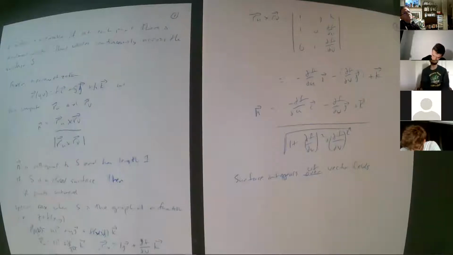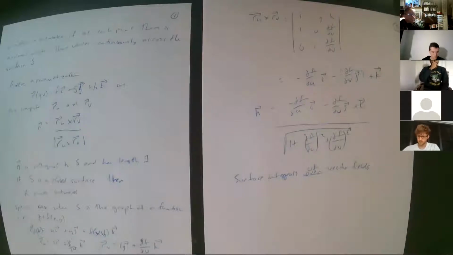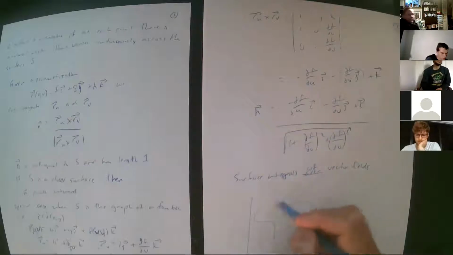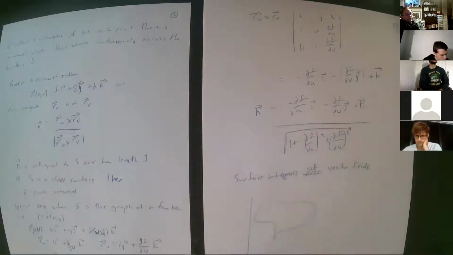So how are we going to do this? We're going to do this in the same way we always do things. We have a surface, some surface in 3-space. And I have some vector field that looks like this.